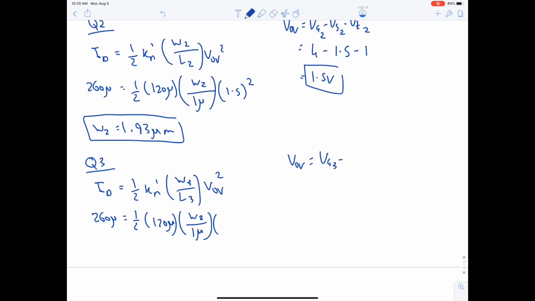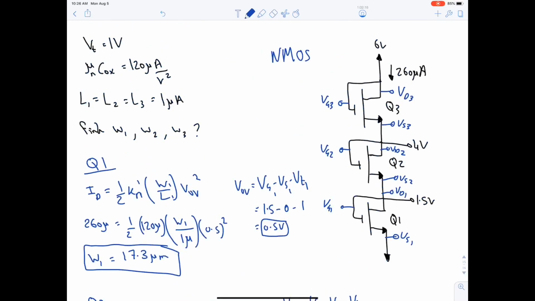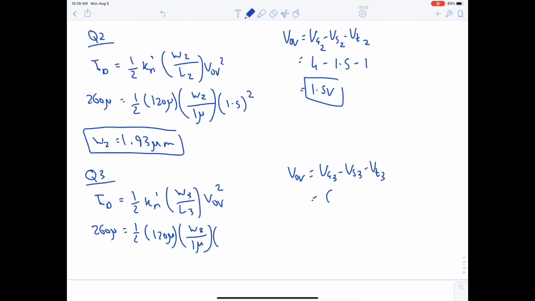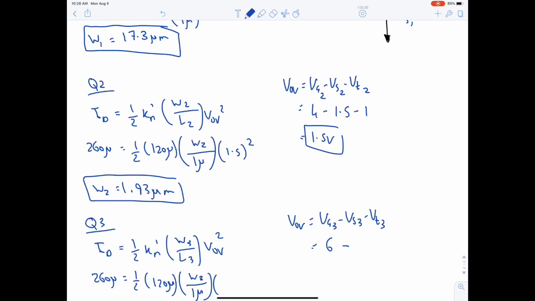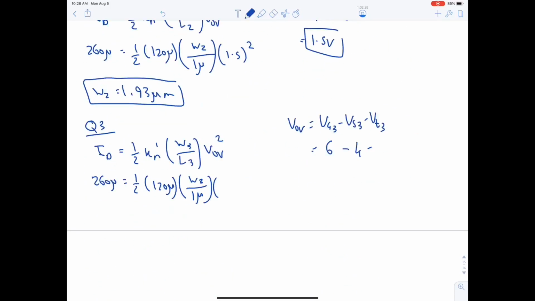VG3 minus VS3 minus VT3. G3 is 6, S3 is 4, T3 is 1. 6 minus 4 is 2, 2 minus 1 is 1 volt. So 1 squared, W3 is equal to 4.33 micrometer.